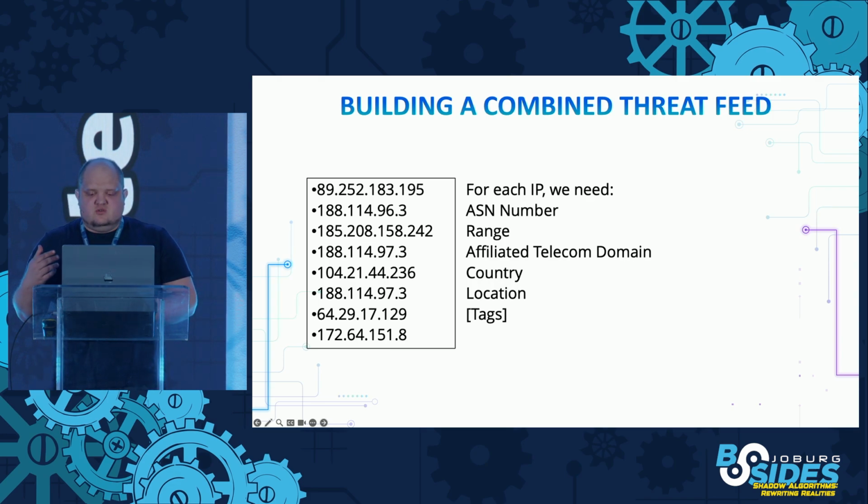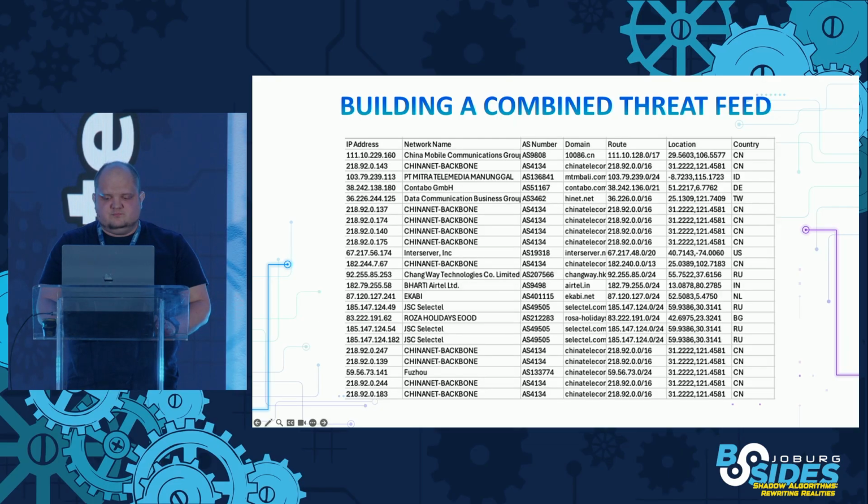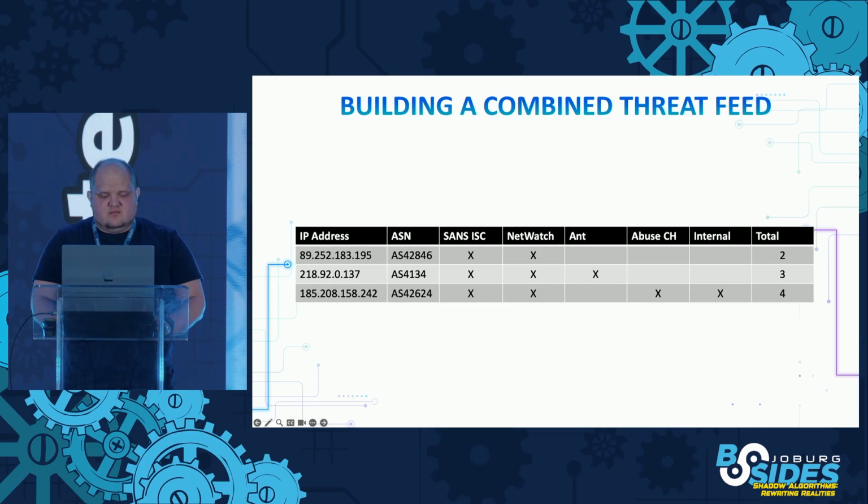When we look this up, we want to get the other net blocks, affiliated telecom domains, the country, and the ASN that's affiliated with that specific IP address. These lookups can be achieved through various open source data sets, but you can also use an IP lookup service as well. So once we have processed the data, we now have this in a unified format, and then we can start analyzing that data.